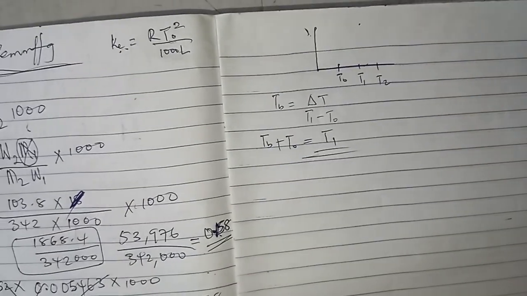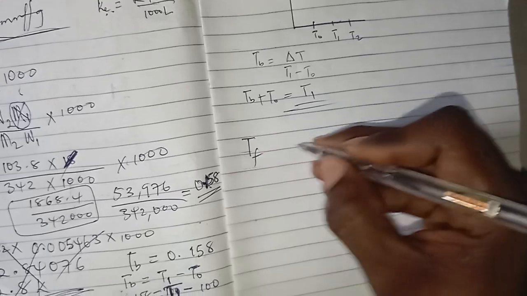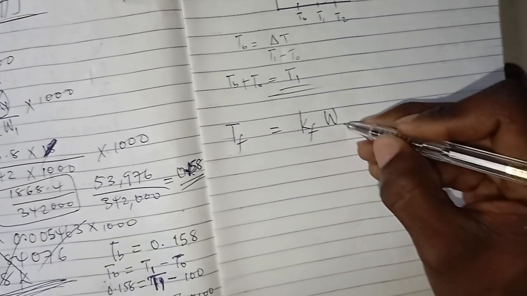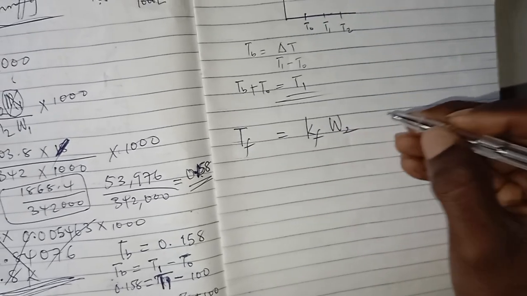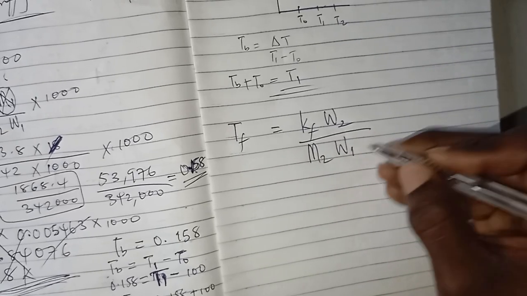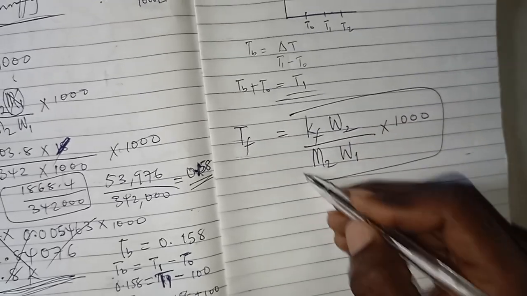So please, I want you to take note of this. For freezing points, that is TF, we always use KF W2 all over M2 W1 times 1000. This is the generally accepted formula.